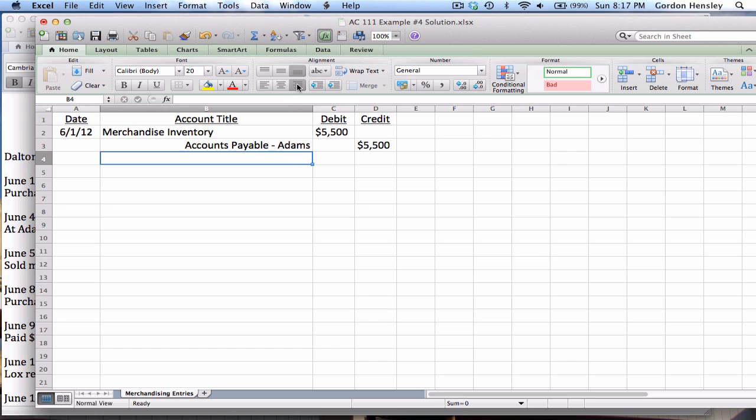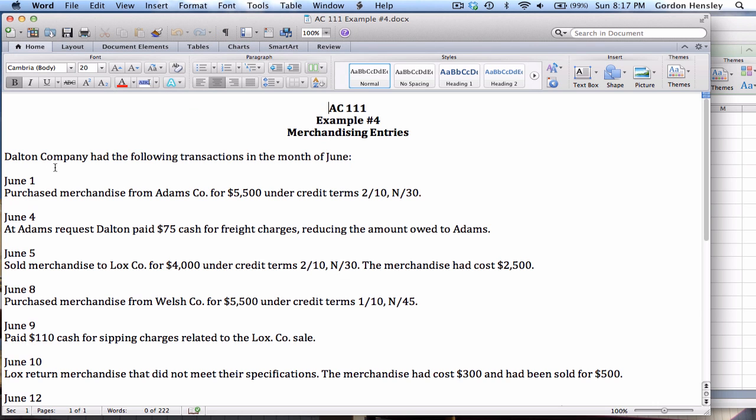And if we don't label these with the name of the company involved, it's going to get confusing, because later on I'm going to start paying for these things and getting discounts. So I'm going to have to go back and look at what happened. So it's always a good idea with a merchandising company to label your payables and receivables with the name of the company. But that takes care of the very first transaction on June the 1st.